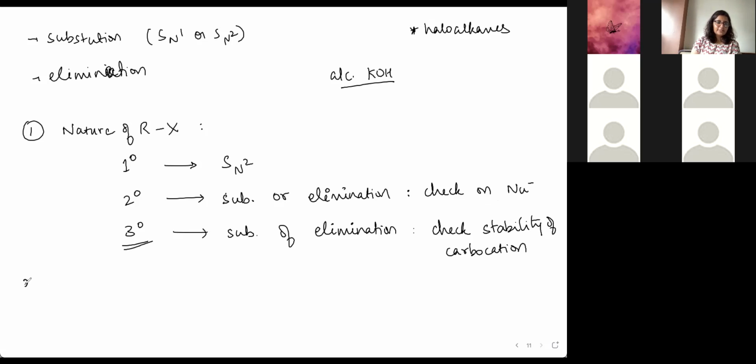Okay, next, if you go by the strength or size of the nucleophile or the base that's given as the reagent.